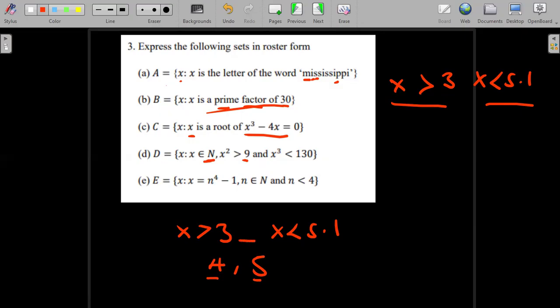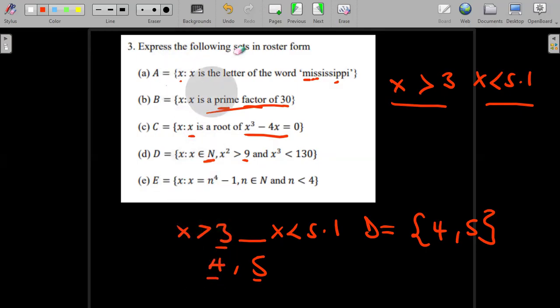Because they're telling us the numbers have to be in between, greater than 3 but less than 5.1, these are the natural numbers, meaning the set D is just going to be the set containing 4 and 5.